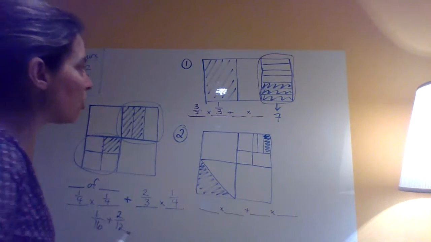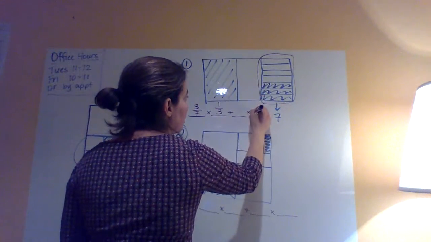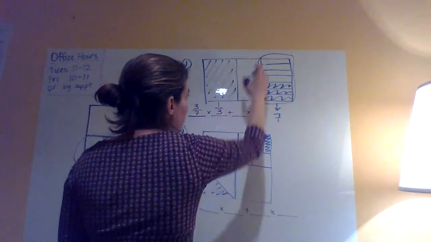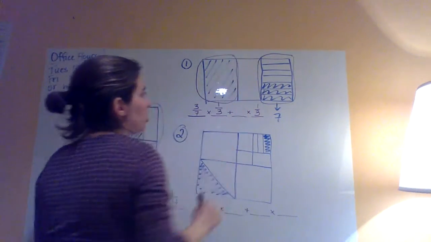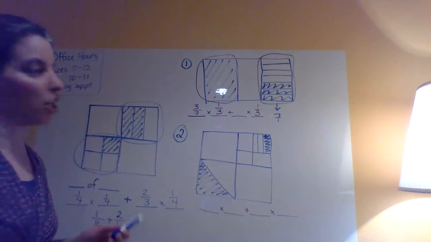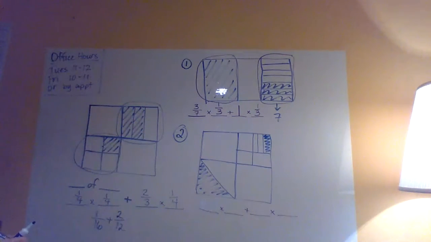Okay, how about the other side? Well, remember I, once again, split it into 3 parts. I took 1/3 of it, and how much did I shade? Well, I shaded all of it, so really I could have a 1 here.